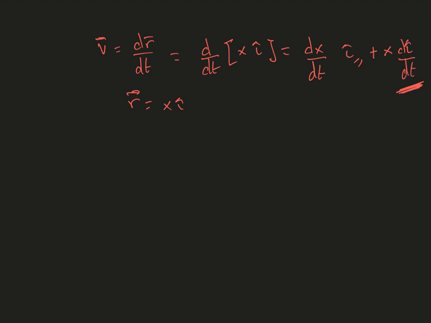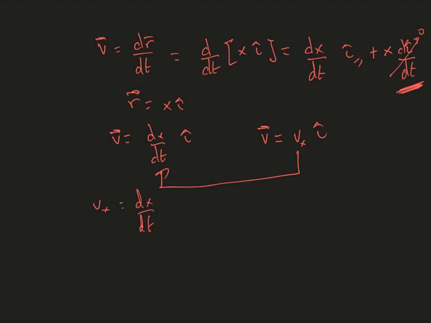But because the vector I is not changing, this is 0. So, as a conclusion, v is equal to the derivative of x with respect to t in the I direction. And this is written in the following way: v is Vx I. So Vx is simply the derivative of x with respect to t.